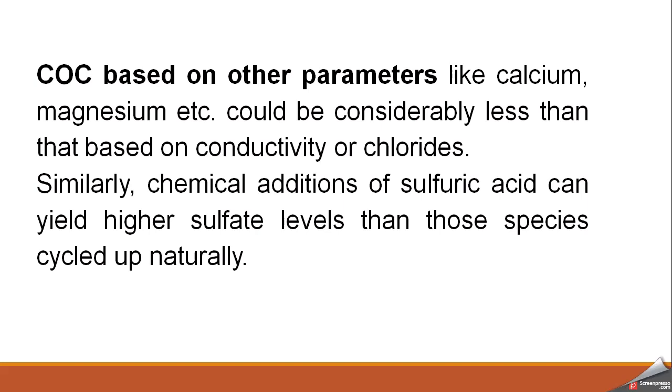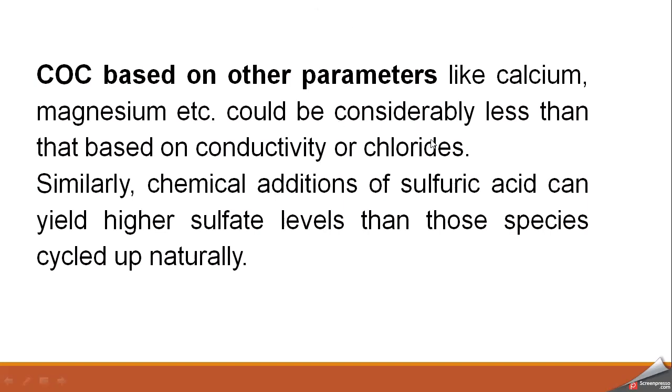The remaining calcium is precipitated, and due to the low solubility of its compounds in the water, its value in the cooling tower is not true. That's why the COC calculated with the help of calcium or magnesium sometimes shows a lower value. However, if conductivity or chlorides are used, they show exactly the same cycle of concentration value in the cooling tower.